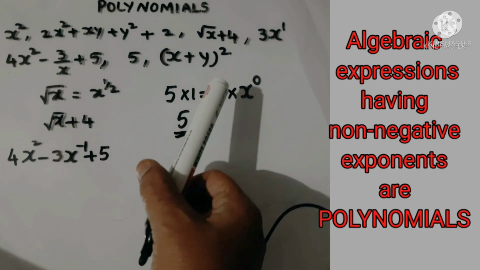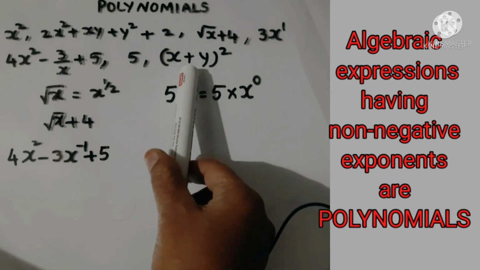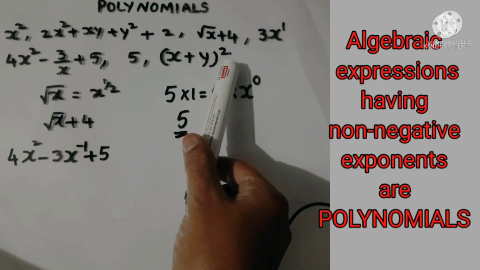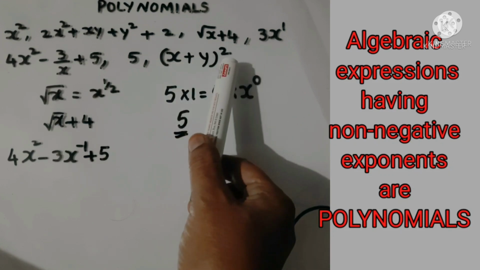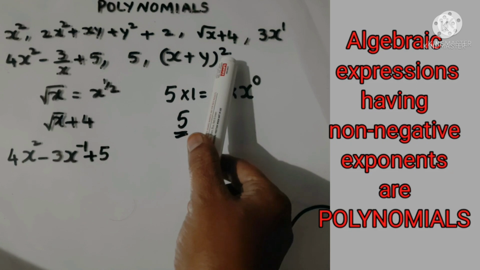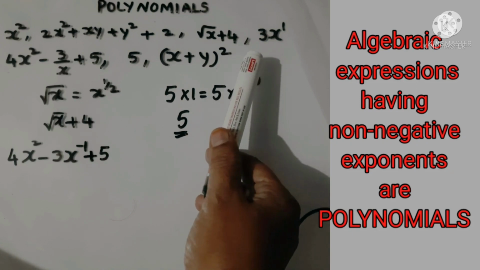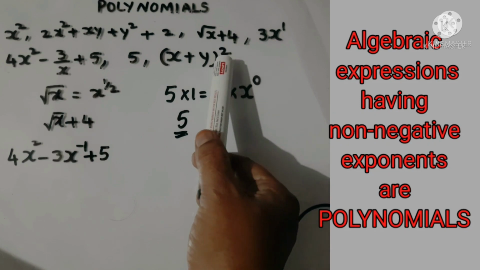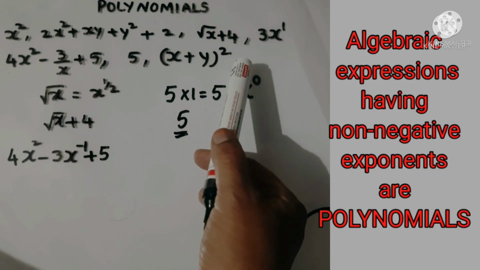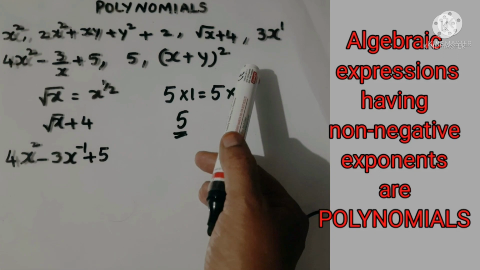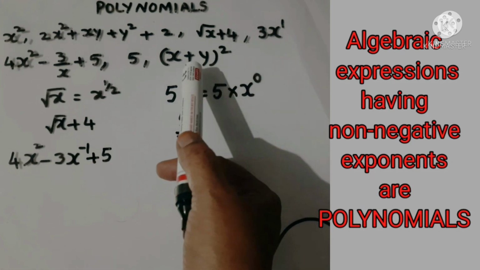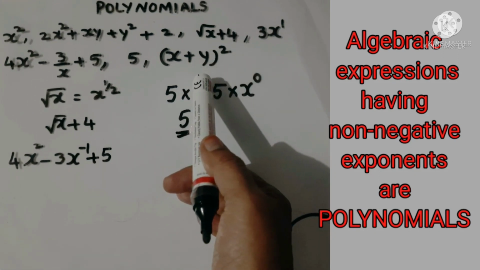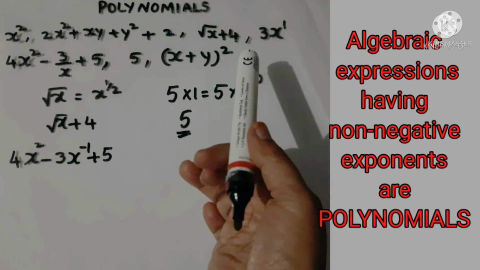Now let us move to another algebraic expression, x plus y whole square. Here the power is 2, and 2 is a whole number. So this is a polynomial. Sometimes we may get another expansion also.